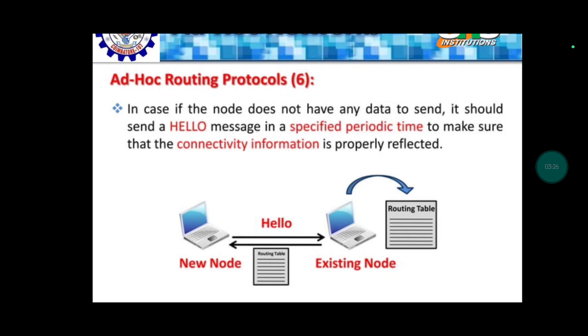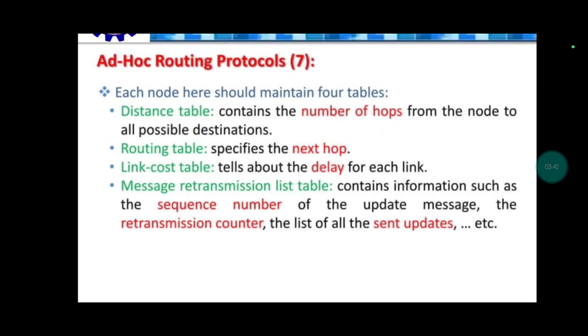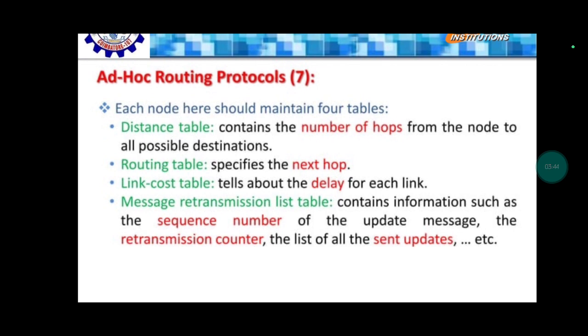If a node does not have any data to send, it should send a hello message in a specified periodic time to make sure the connectivity information is properly reflected. New nodes and existing nodes have to say hello. Each node here should maintain four tables: the distance table, routing table, link cost table, and message retransmission list table.